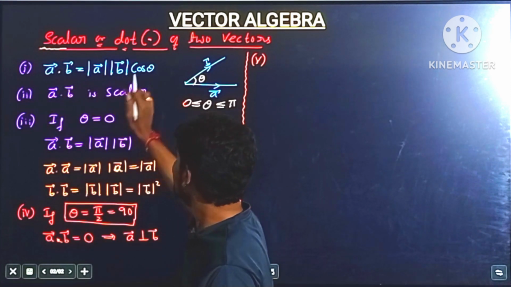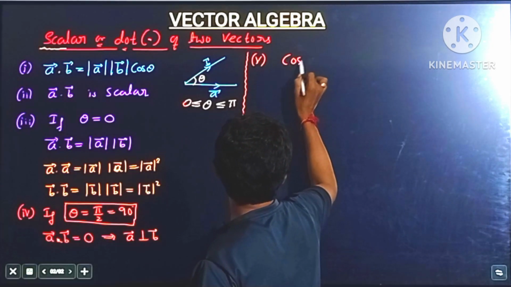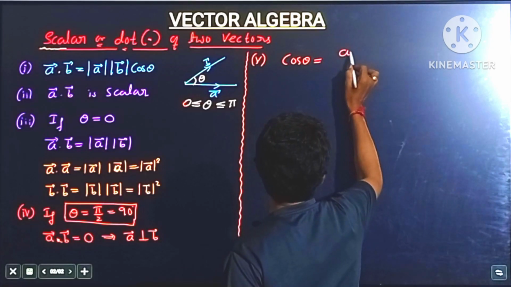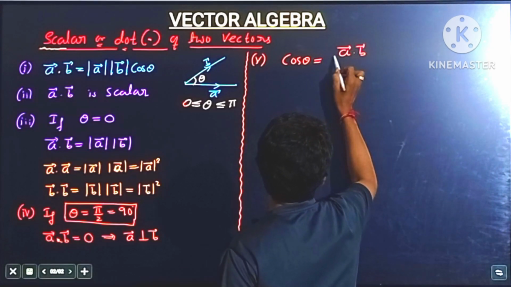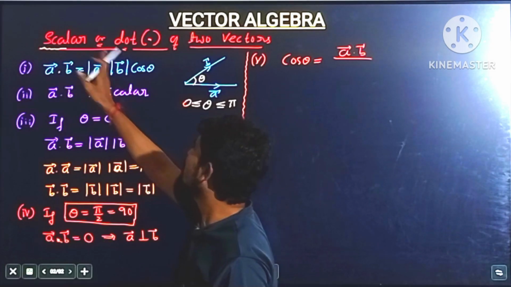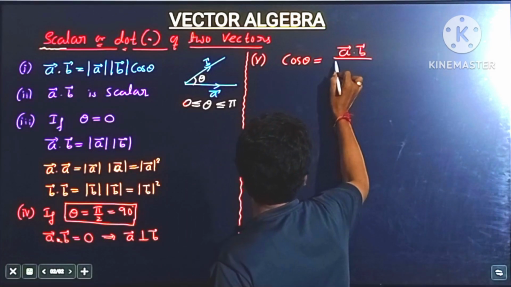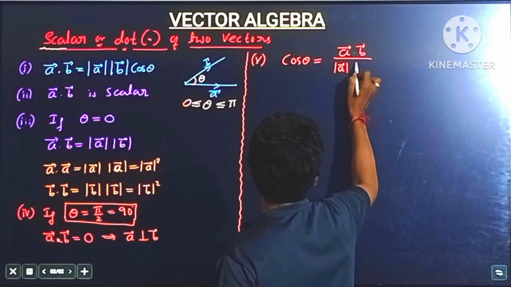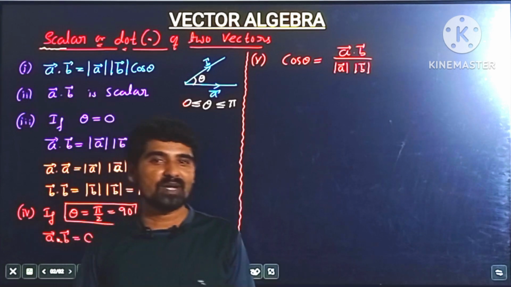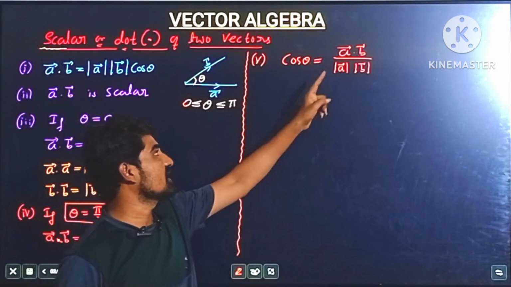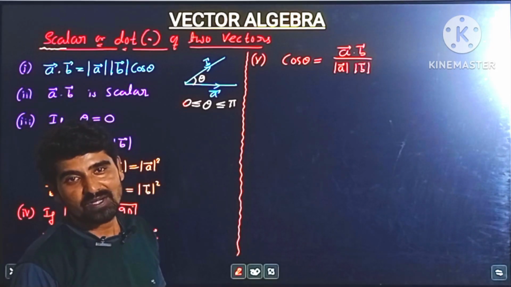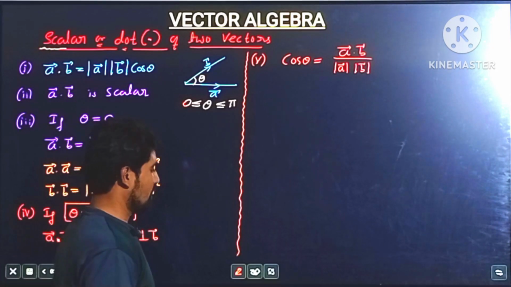So by this relation, the value of cos theta is equal to A vector dot B vector divided by magnitude of A vector into magnitude of B vector, after shifting these two quantities to the left side. The formula for the angle between two vectors A vector and B vector is cos theta equals A vector dot B vector divided by magnitude of A vector into magnitude of B vector. I hope all of you are understanding.